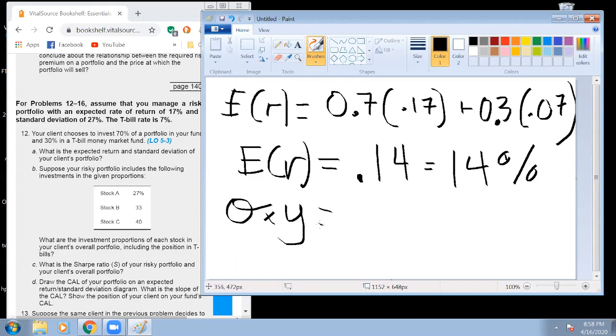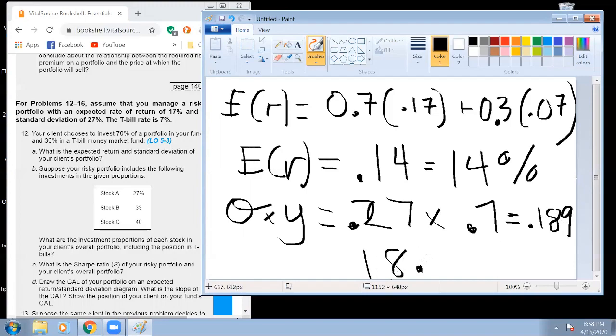So in this case, we have our standard deviation of 27%, multiplied by the 70% of our portfolio that's in the risky portfolio. When you do that calculation, you will get 18.9% for the standard deviation of the complete portfolio.